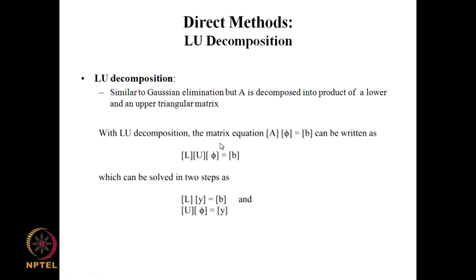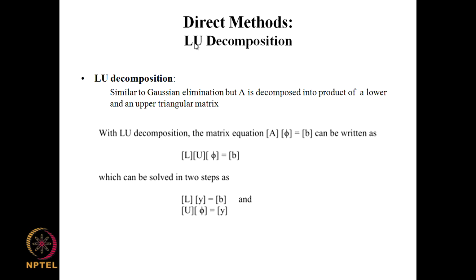But the catch is, what does it take to decompose A into a product of L and U, and it turns out that that is the really time consuming process, and the process of writing A equal to LU is very similar to the process of Gaussian elimination, so that it will take n cube by 3 arithmetic operations just to do this decomposition.